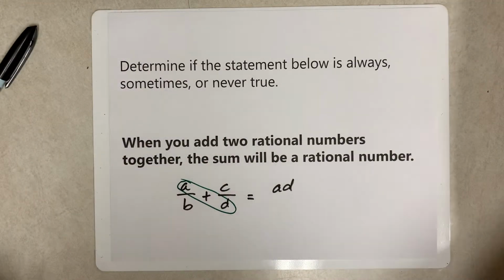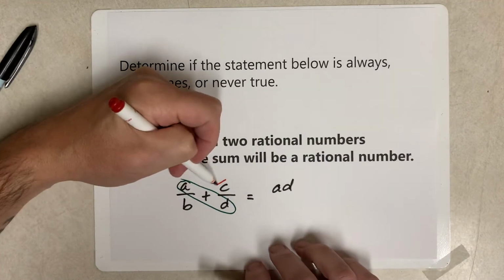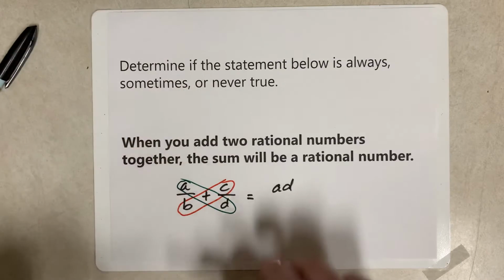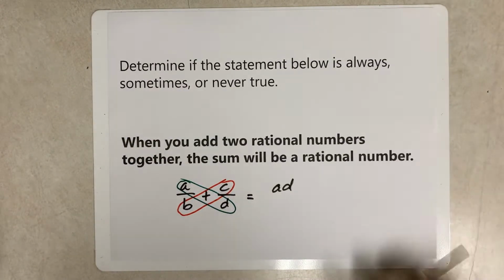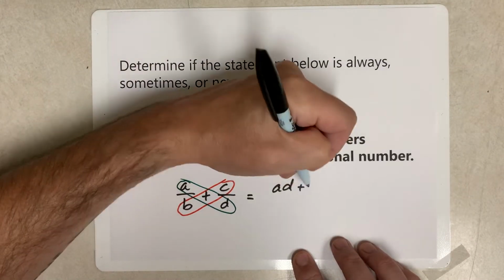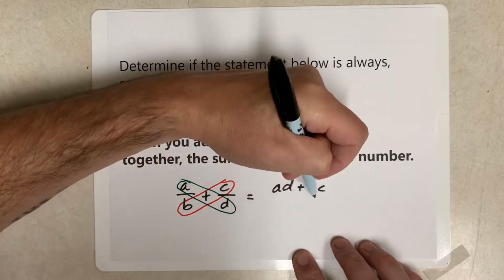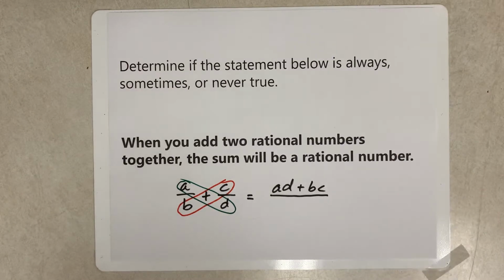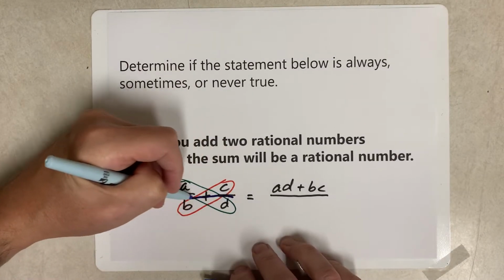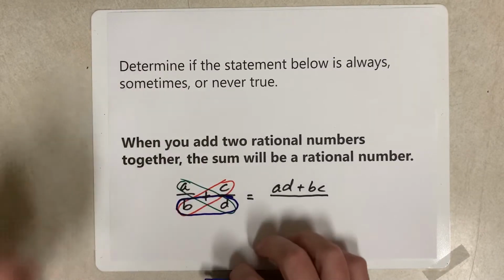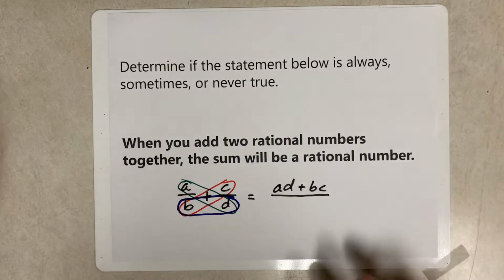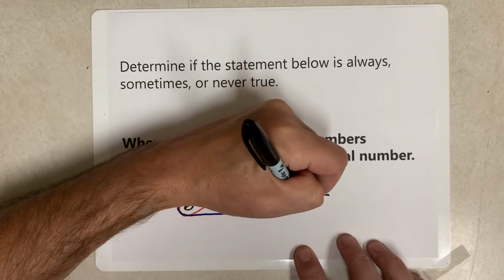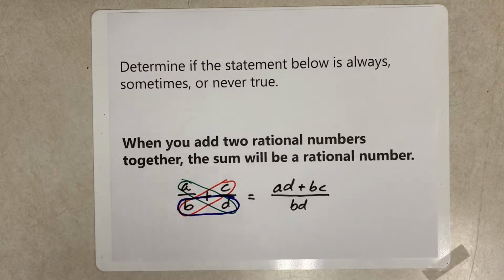And then you take B and C and multiply them together, plus BC, over, and then you take the two denominators and multiply them together, BD. Now, that's how you add two fractions together if you use what's called the butterfly method, because it kind of looks like a butterfly when you get done.